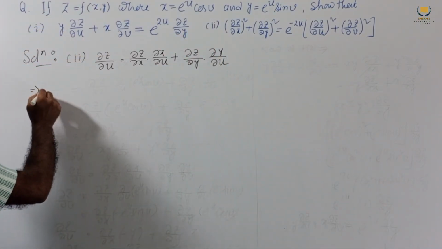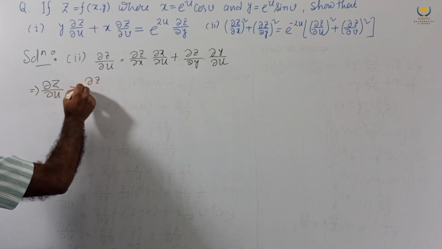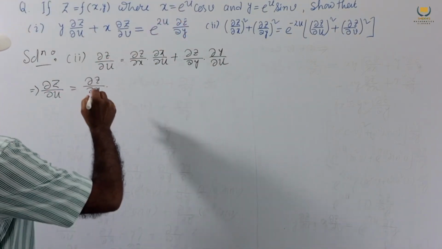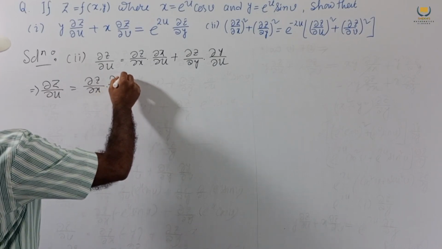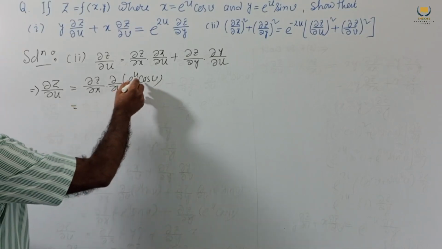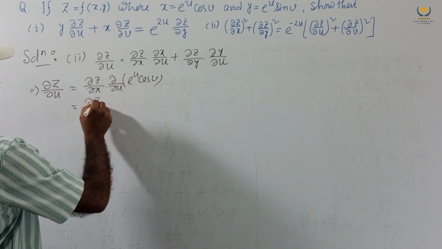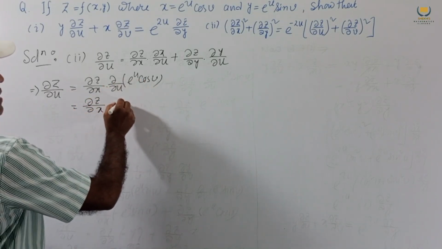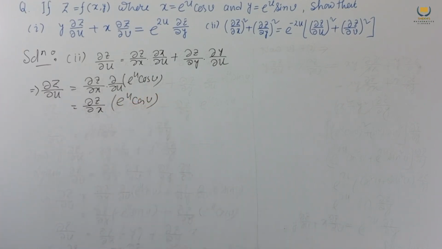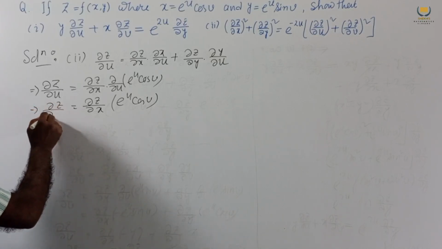Del z del x, and x means e to the power u cos v, and we differentiate partially with respect to u, so u is the variable and cos v is constant. So this will be del z del x e to the power u cos v. We get this one. Now this is del z del u.